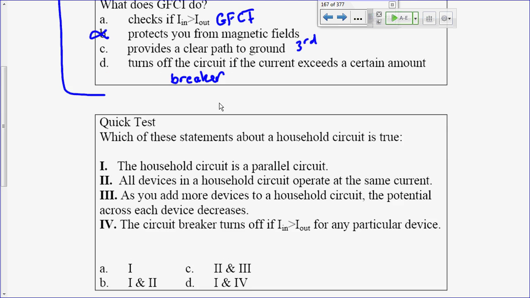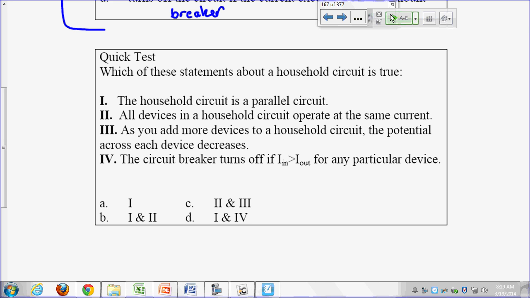And let's try this last one. Which of these statements is true? All right, you have 1 second. All right, stop.